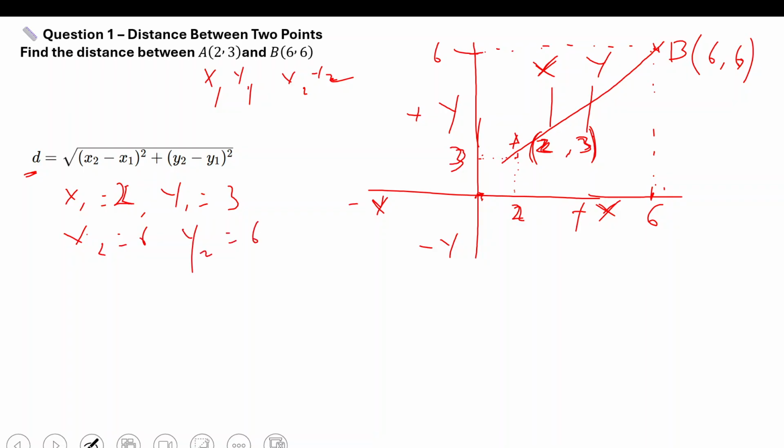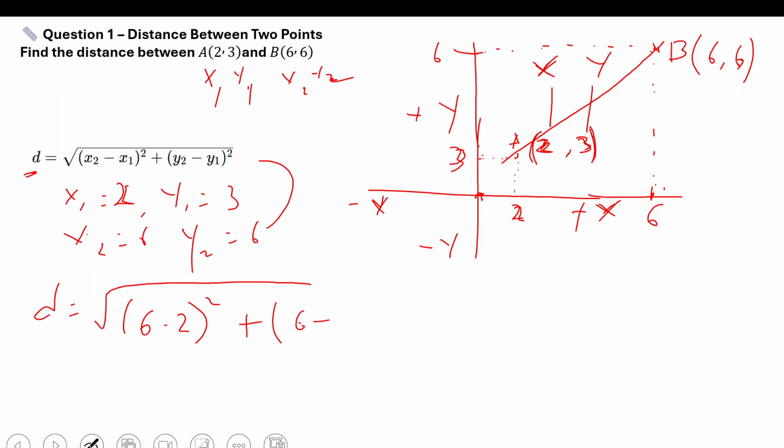So if we put everything in this formula, we're going to be getting D is equal to the square root of, I'll open the bracket, x2 is 6 minus x1 is 2 all squared, plus y2 is 6 minus y1 is 3 all squared. So 6 minus 2 here is 4 all squared, plus 6 minus 3 here is 3 all squared, then square root. This is the distance.